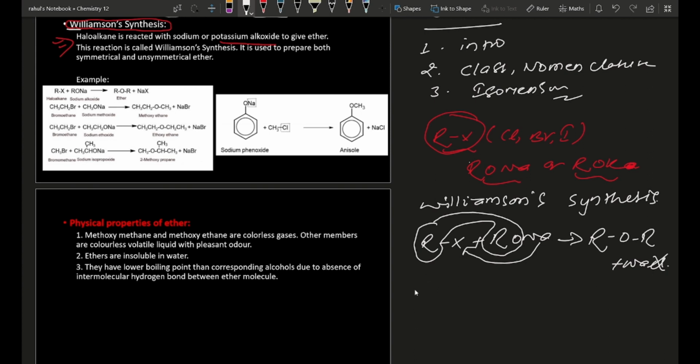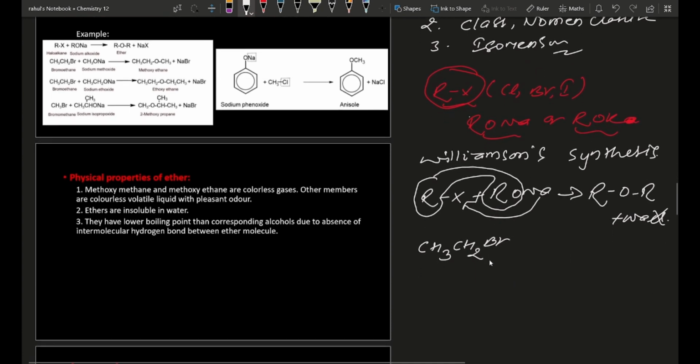So for example, CH3CH2Br. So it is the haloalkane containing bromine as a halogen group, plus CH3ONa, which is sodium alkoxide.